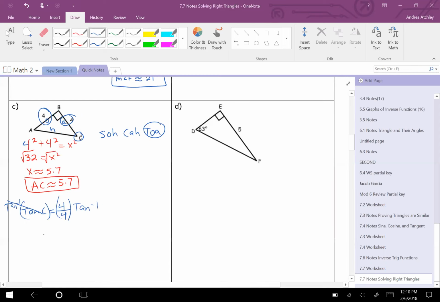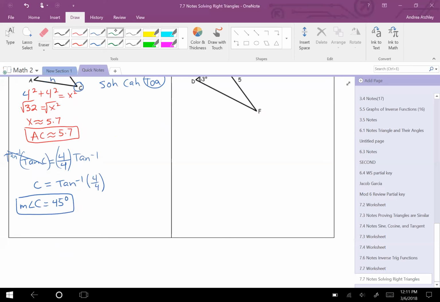These will cancel out, and I get C equals the inverse tangent of 4 over 4. If we reduce that to 1, you'll get the same answer. And so you should get C equals 45 degrees. And that's the measure of the angle C.